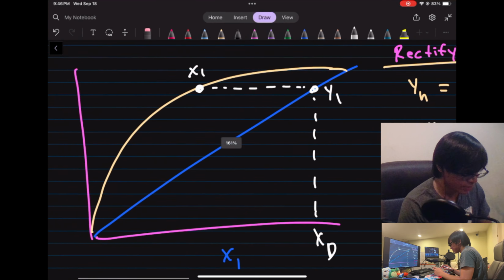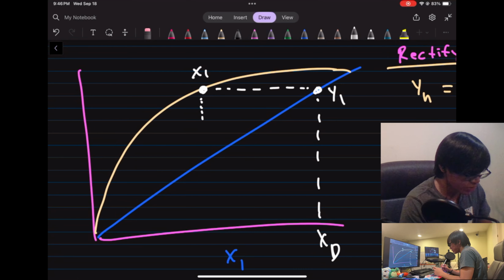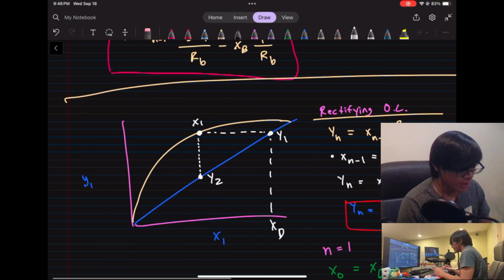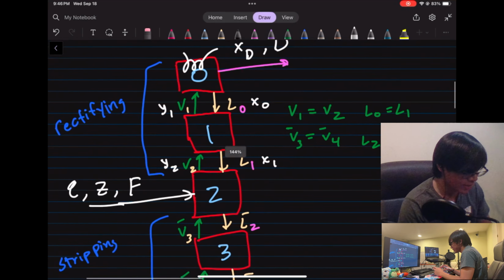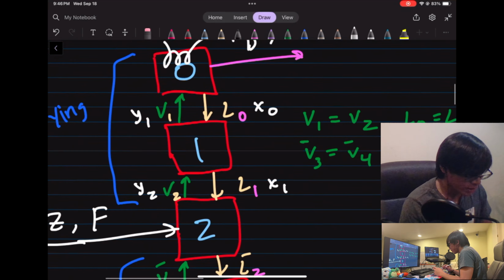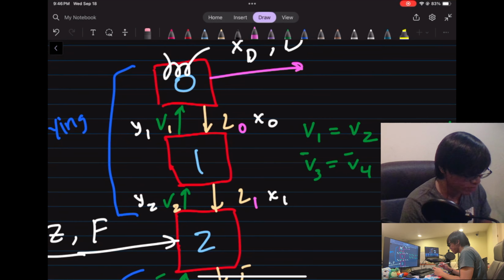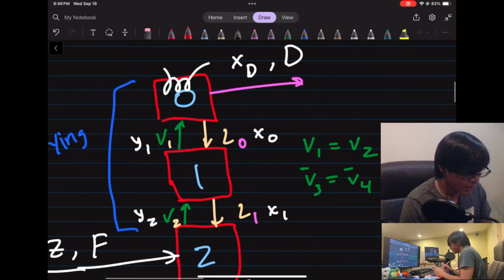So we graph that. Well, remember, we come down to our operating line, and that is a new point for our y value, that is y2. And again, if you don't believe me, just look at the diagram. Coming down, kind of repeating myself here, we had x0 is equal to xd.